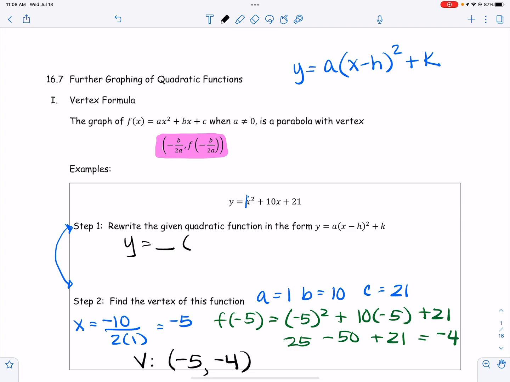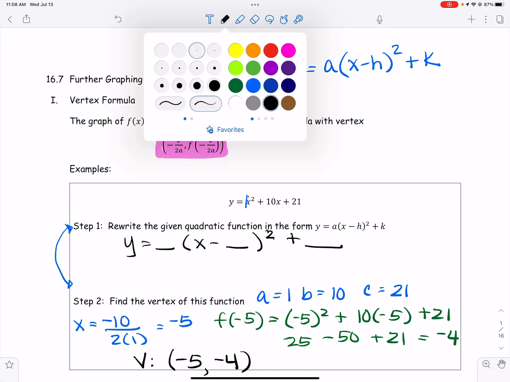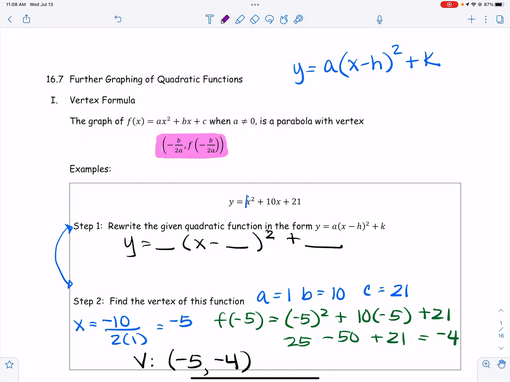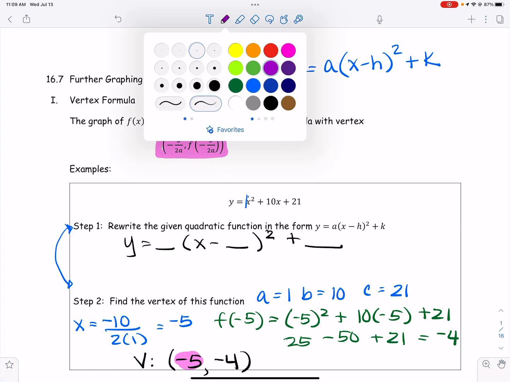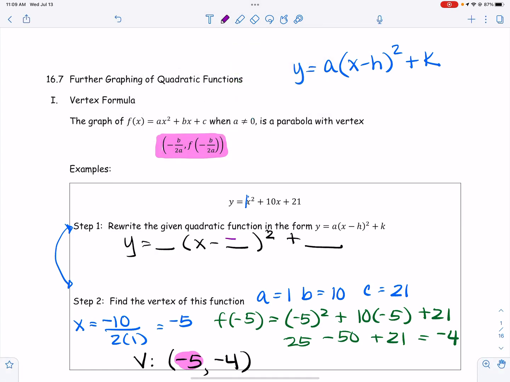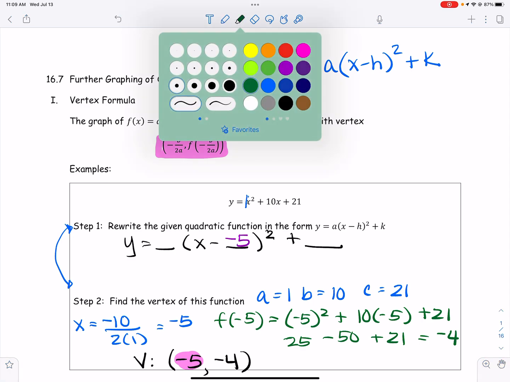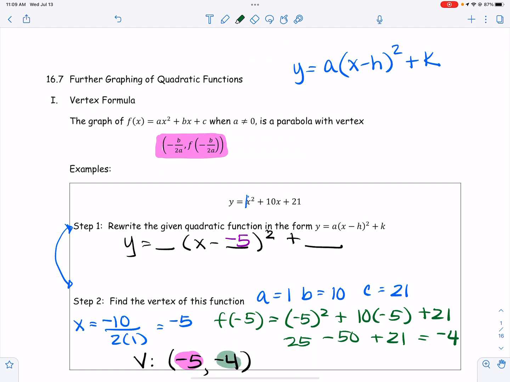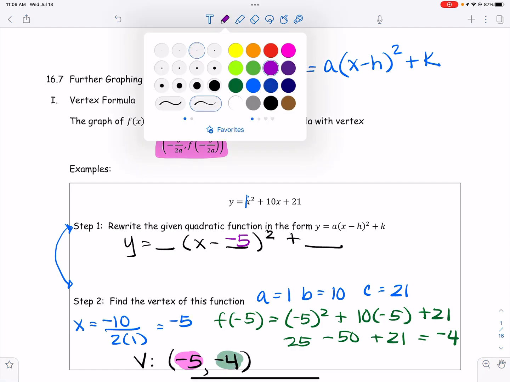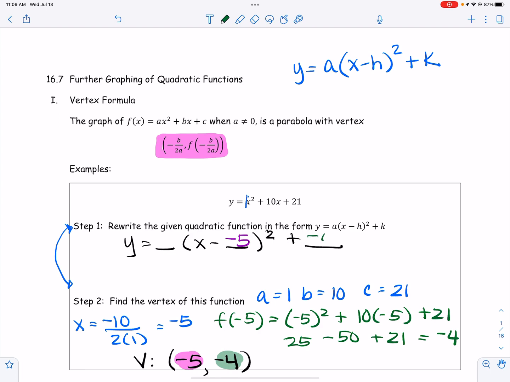So now I can go up and write it, and when I'm looking at this formula, I'm going to replace my a, x minus h, plus k. I'm going to fill in my h right here with -5, and I'm going to fill in my k right here with a -4.